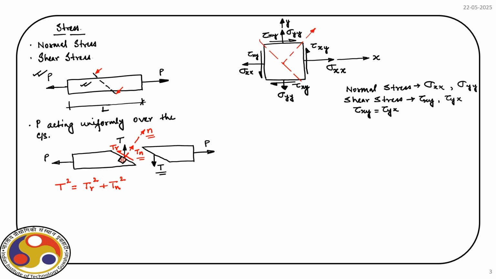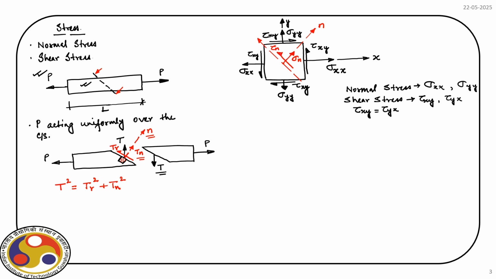And as usual, we define this as n. So, we have normal stress which is sigma n, and we also have a shear stress acting in this direction which is tau n.